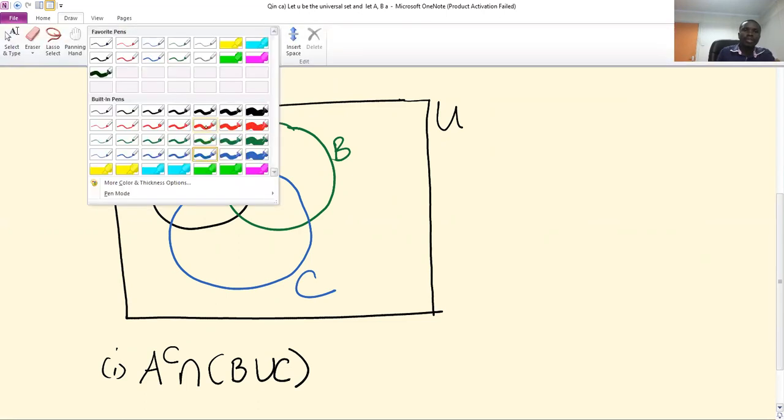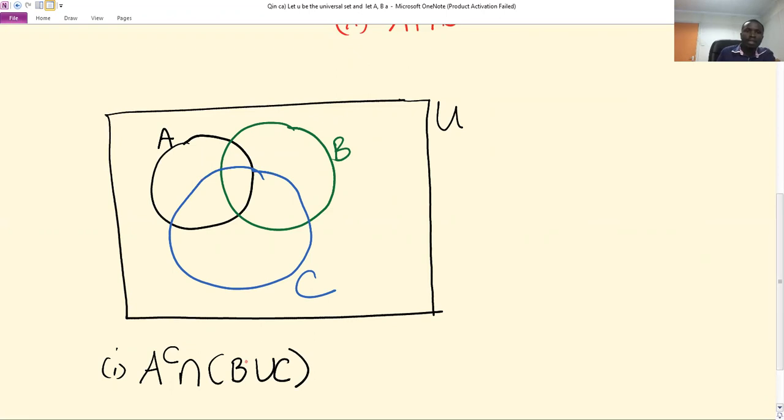To define the required region, let's start by understanding what B union C means. B union C means all those elements within the C circle and the B circle. So they may be purely in B or in both B and C. If I name the regions 1, 2, 3, 4, 5, 6, 7, then the region that defines B union C is 2, 3, 6, 5, 4, and 7.